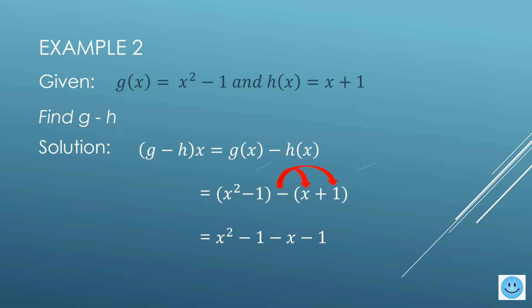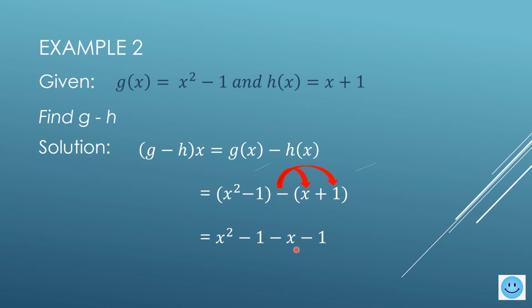So this negative sign here, the minus sign, let's distribute this to x and positive 1. So negative times positive x is equal to negative x.